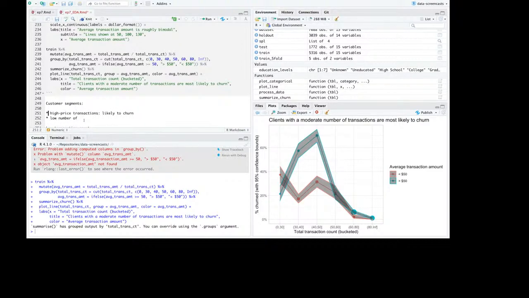All right, but yeah, customer segments. Let's see. 30 to 50 transactions, average greater than 50, likely to churn. 30 to, let me see, 50, so 60. 30 to less than 50.